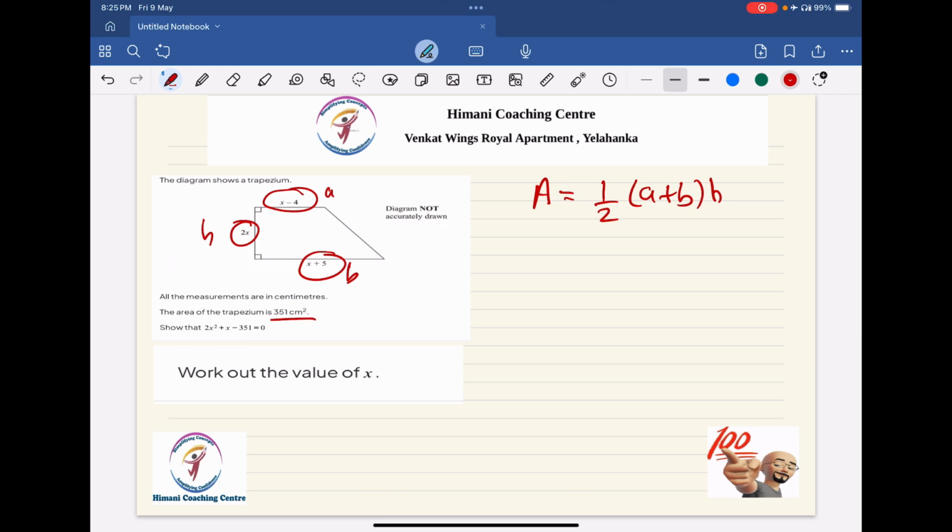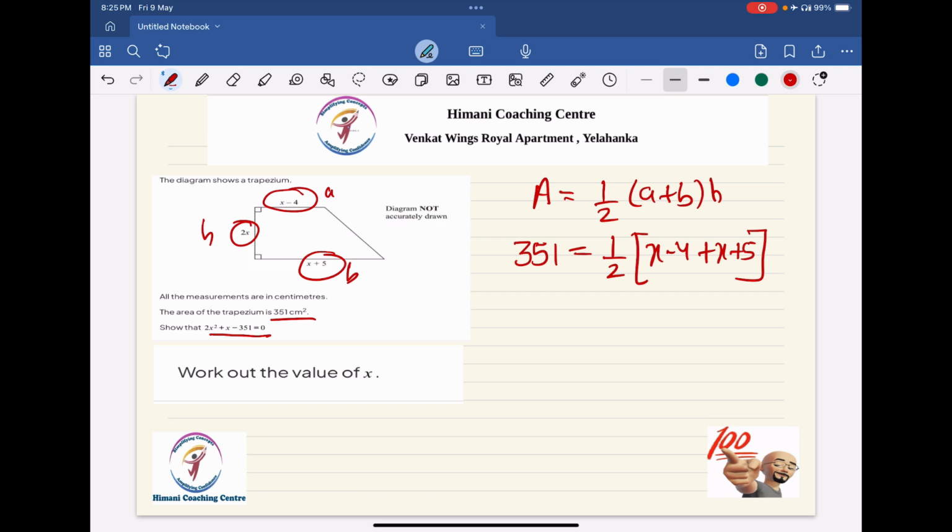We are supposed to show that 2x square plus x minus 351 equals 0. So let us do that. So area, which is 351, equals half times A, which is x minus 4, plus B, which is x plus 5. Okay. So what do we get now?